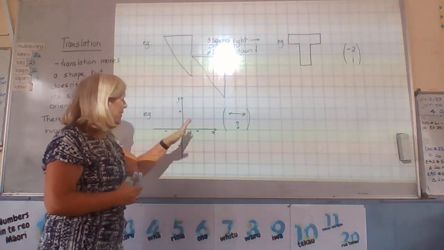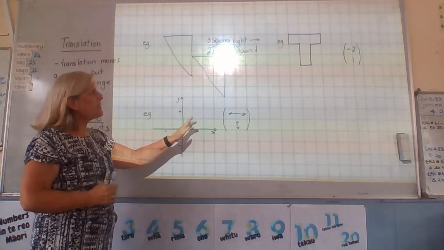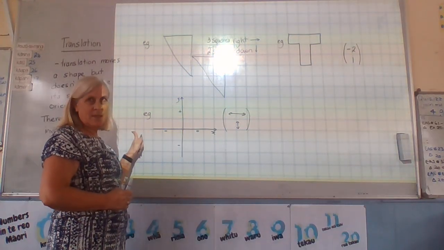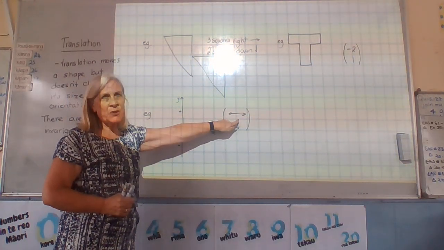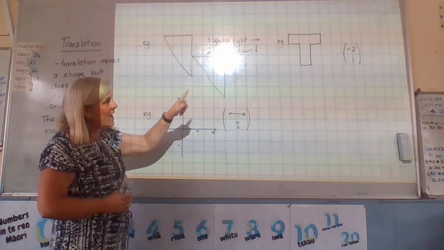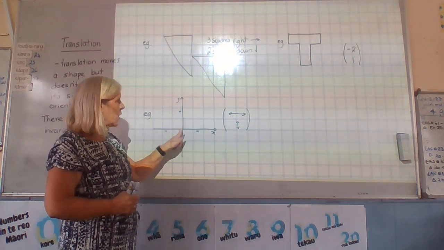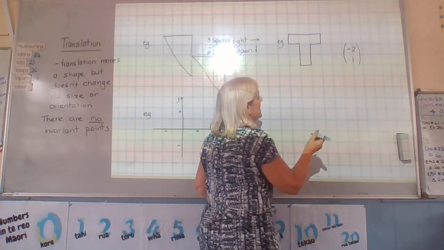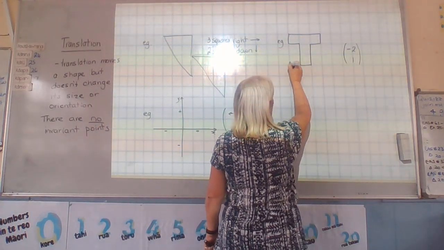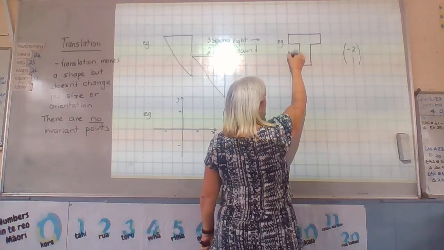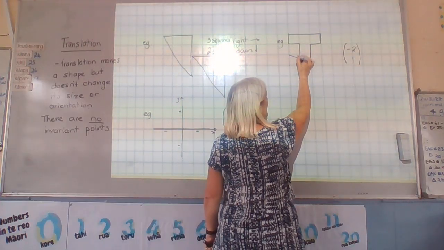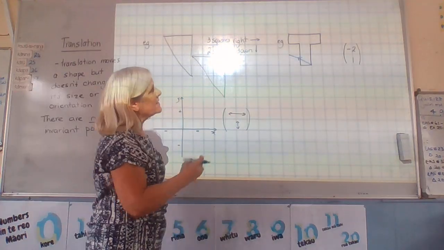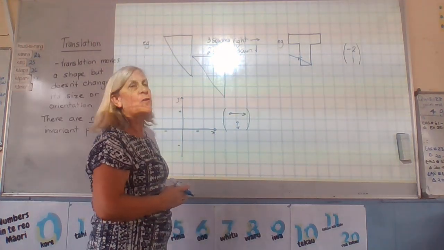All right, so we're looking at the positives and negatives. The -2 says moving across this way. Okay, so the -2 says moving across this way, and the 1 says we're going to go up 1. Okay, so a vector looks like this. We're going to go 2 this way and 1 up. When we draw a vector, it looks like this, and it has an arrow on it because it is a direction. So that's our starting point for our answer.